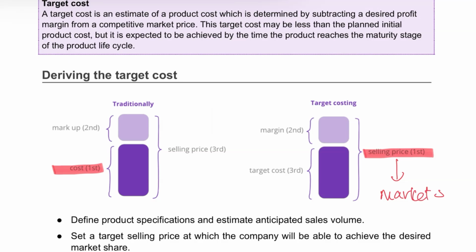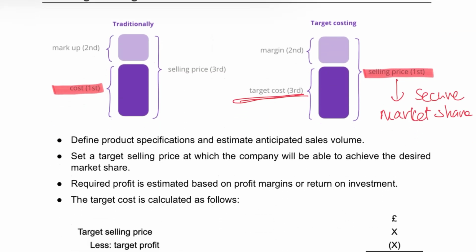So therefore, based on that, to secure market share, to secure profits, we might decide on a target selling price. Then, based on that target selling price, we determine the margin and the target cost. So that's a more modern approach to costing compared to the traditional approach to costing where we determine the cost, then the markup, then the selling price.